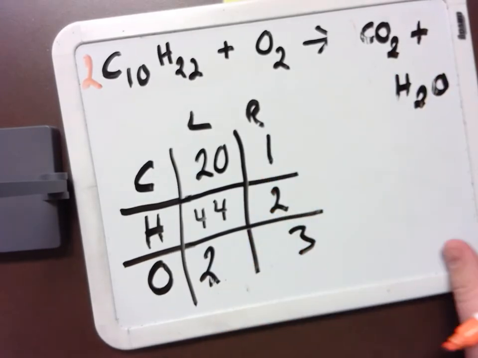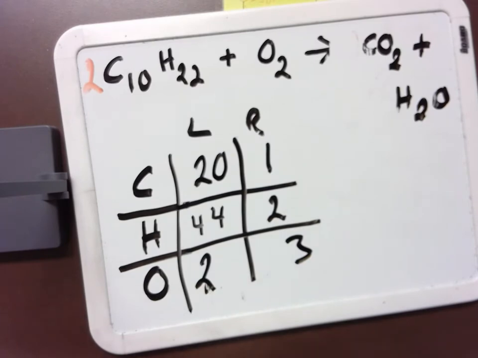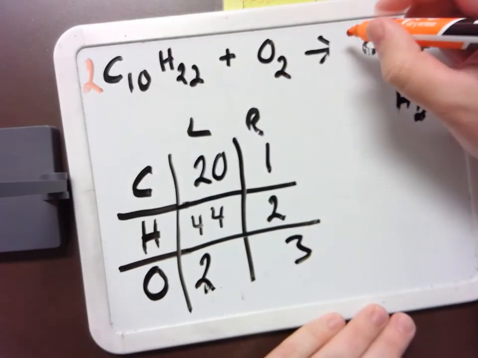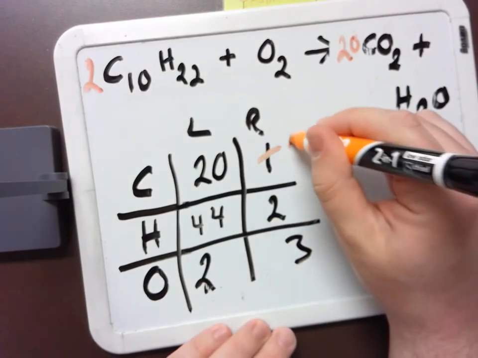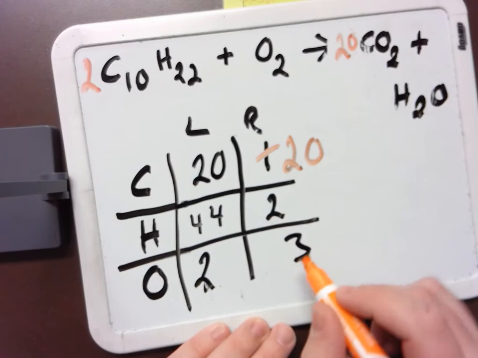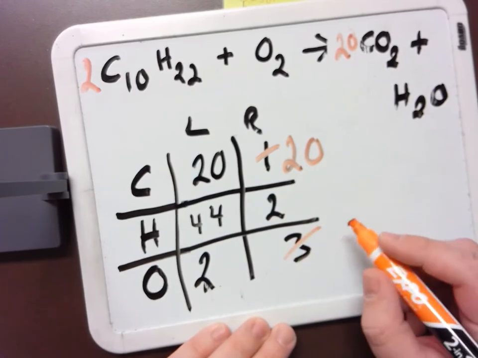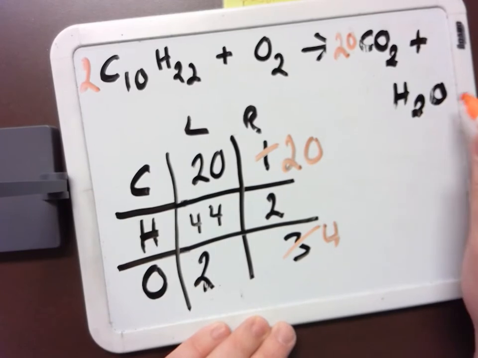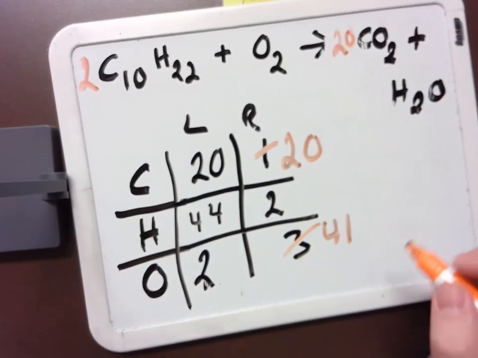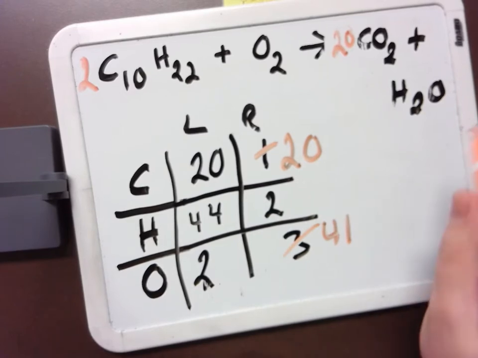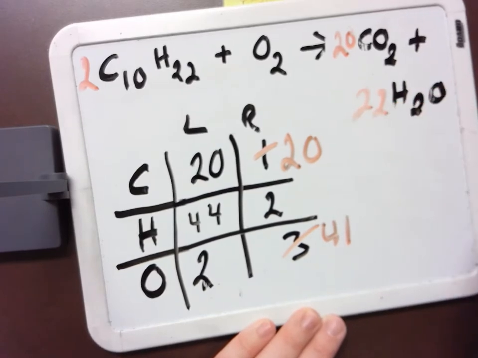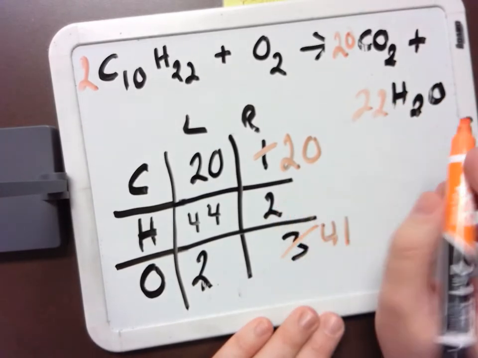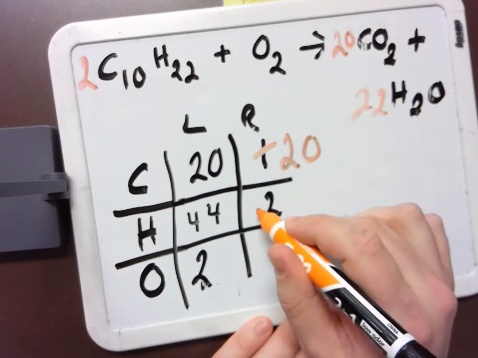Alright, let's dive into this. Let's see what we can do. So the best way to make this equal 20 is to multiply 1 by 20. So now we balance out our C's. We now balance out our O's. So 41. Shoo, big number. Like I said, this one's a little bit tougher. So 44. So how do we get this? We multiply by 22. 22 times 2 is 44.